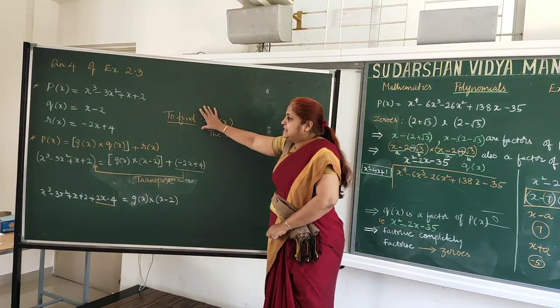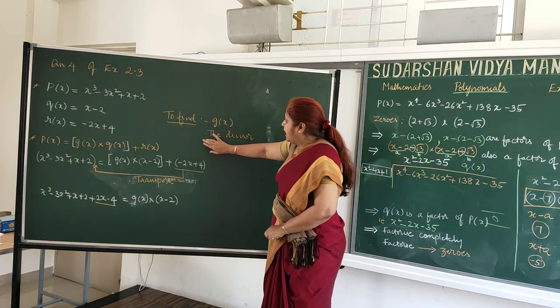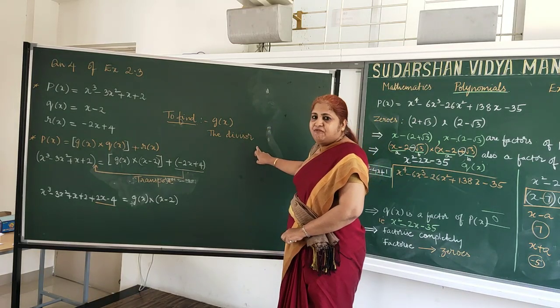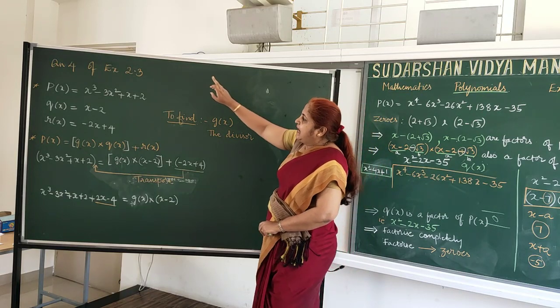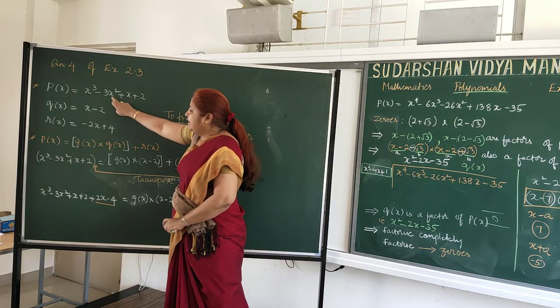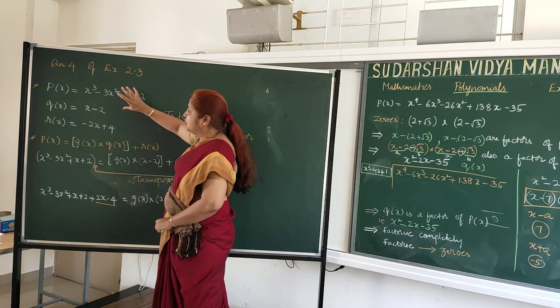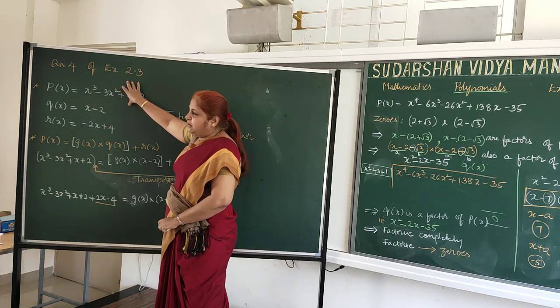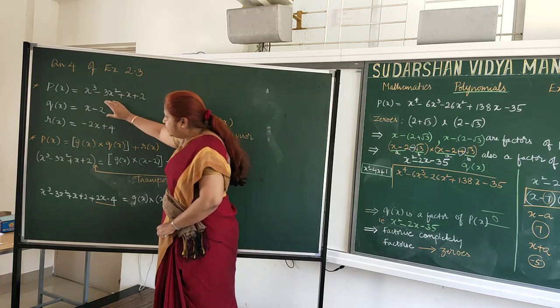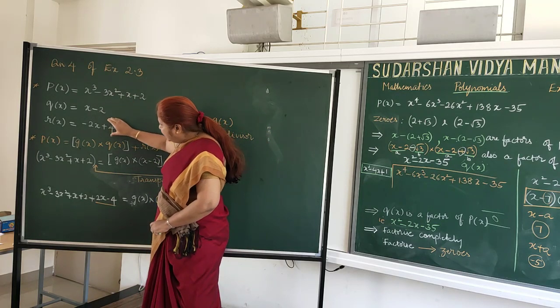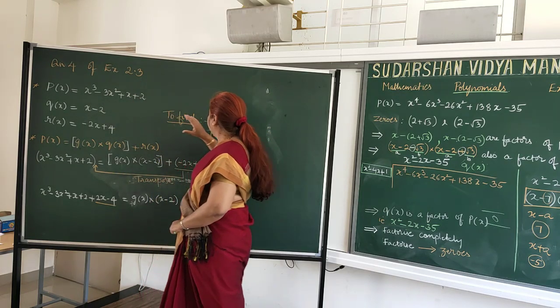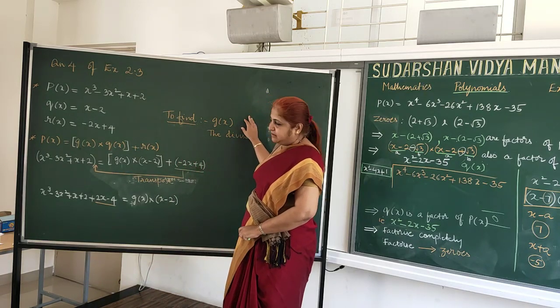This is a problem that requires us to find out g of x, the divisor. We have p of x given, x cube minus 3x squared plus x plus 2. The polynomial is given to us, the quotient is given to us, the remainder is also given, and we need to find out the divisor.